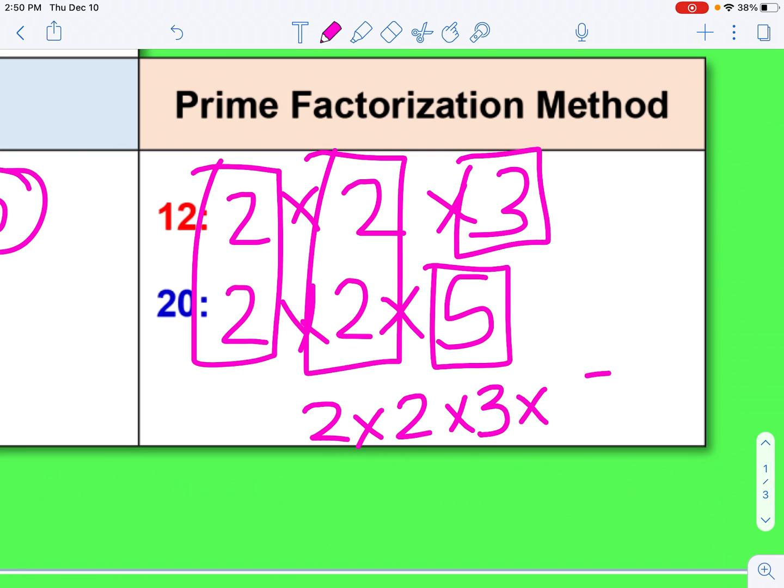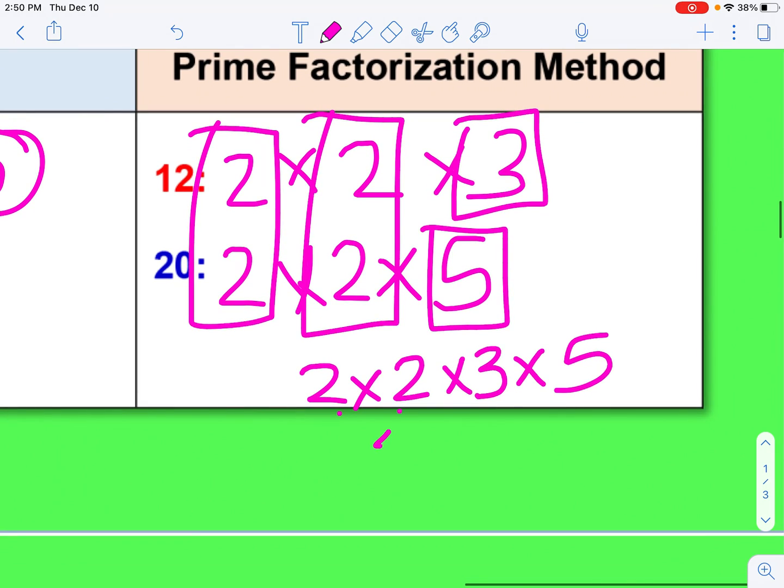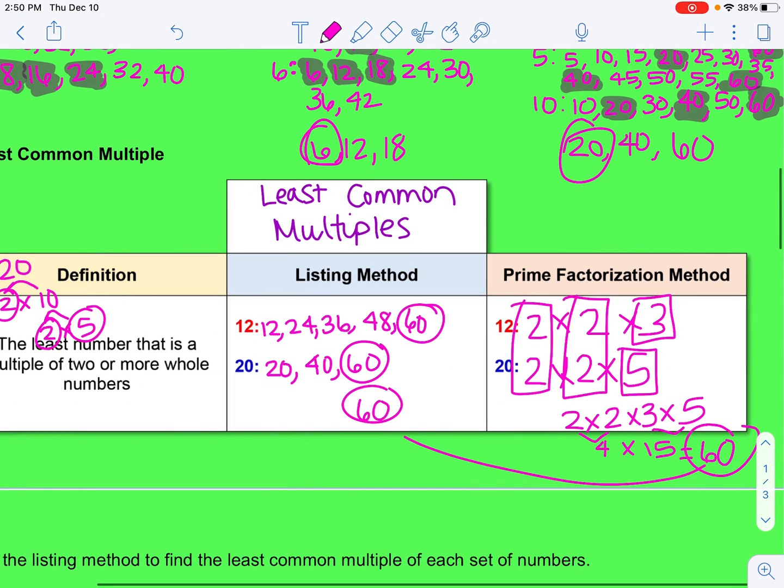And they don't share a 5, but we still need to multiply it. Alright, so let's take 2 times 2, which is 4. 3 times 5, which is 15. So now we need to take 4 times 15, which when you multiply it, you get 60, which is exactly what we got for the listing way. Okay? So that's the prime factorization way.